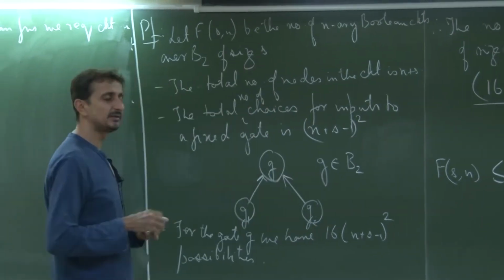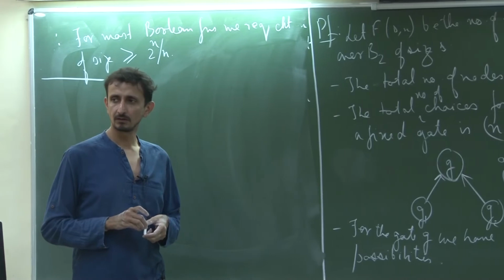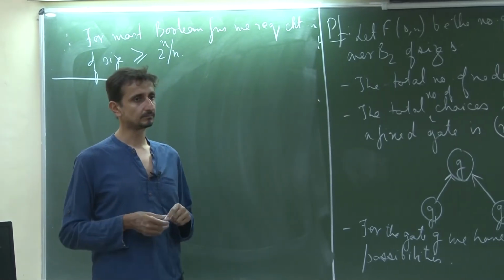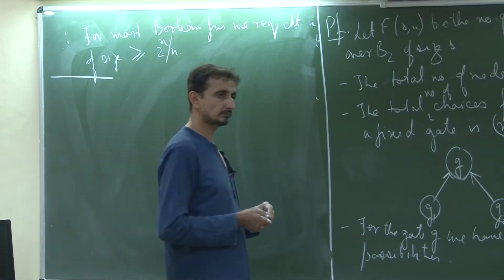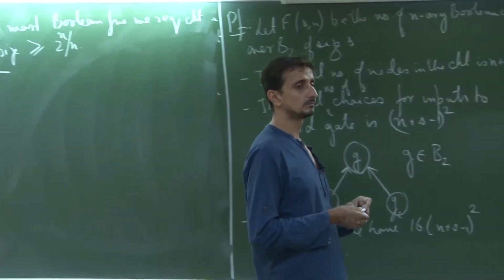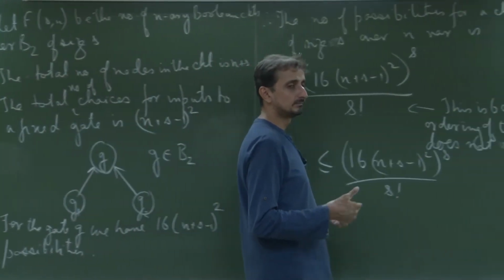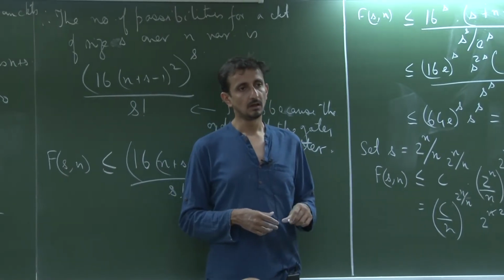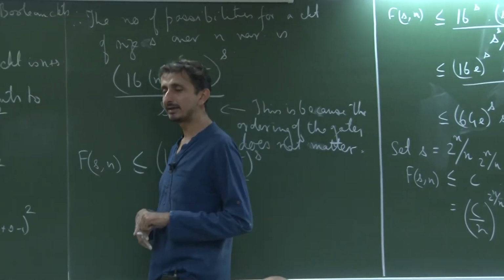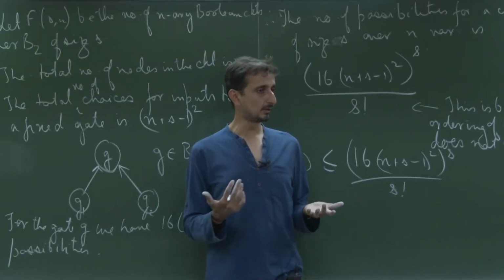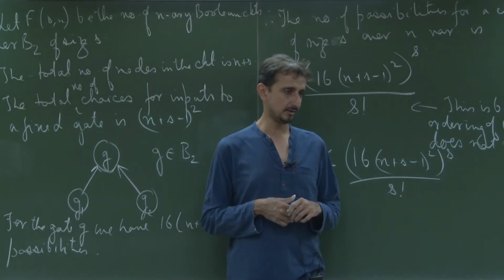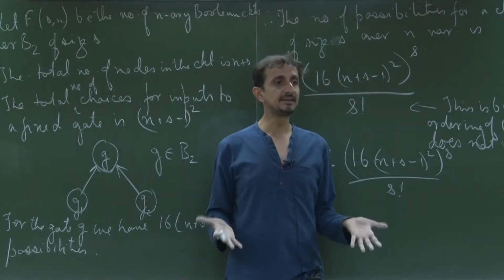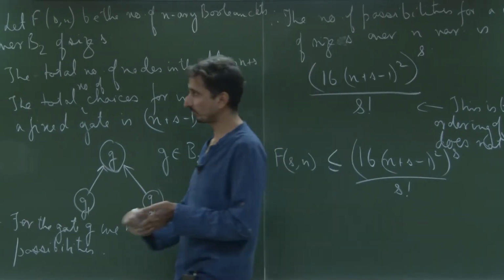So, what is the difference between a circuit and a formula? A formula is a tree. For a circuit, the out degree of a gate, the fan out, can be more than 1. For a formula, it is at most 1. In other words, the DAG is a tree over here.